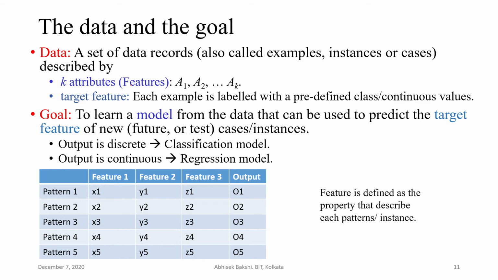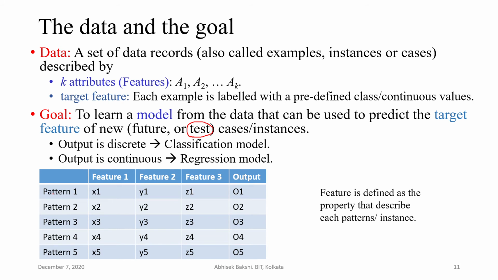What are these k attributes? The target feature means the label, or you can say the desired output. As we have seen, our goal is to learn the model for the target so that it can predict the target feature for some new cases, and new cases are called the test data. This is important.